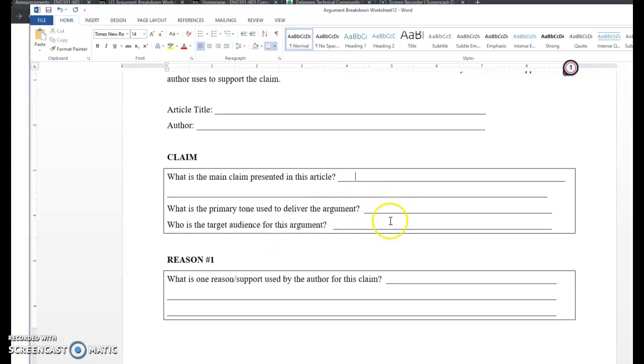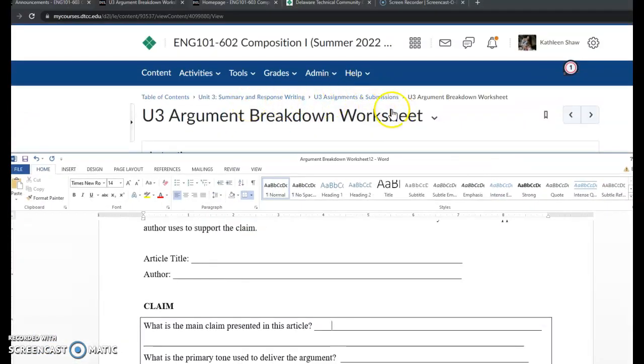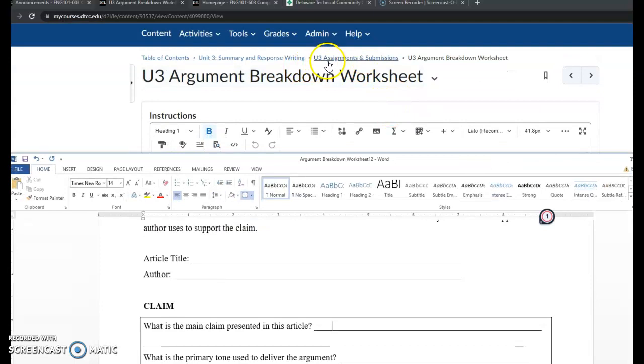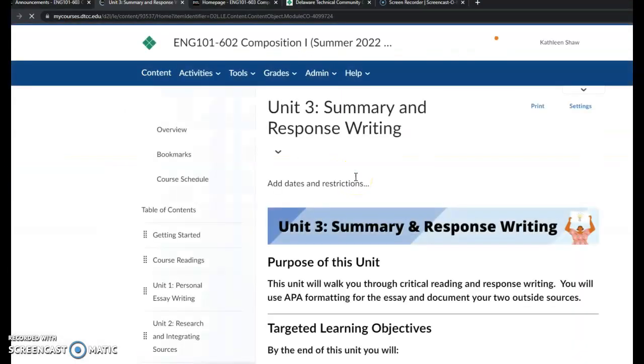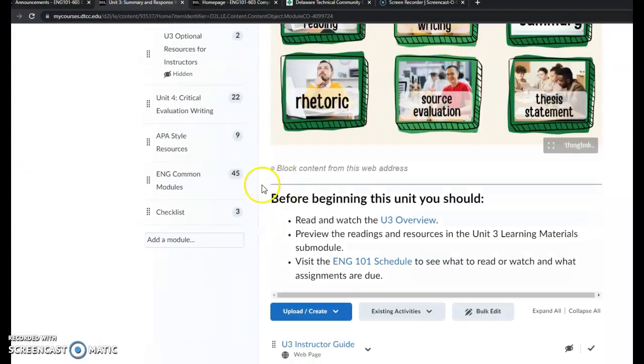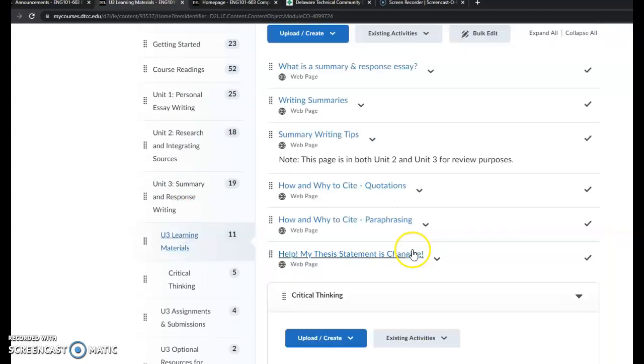What is the primary tone used to deliver the argument? There are some resources about tone that we can back up and see what we've got. We talked about tone a little bit in Unit 2 as well. So let me find the tone article.